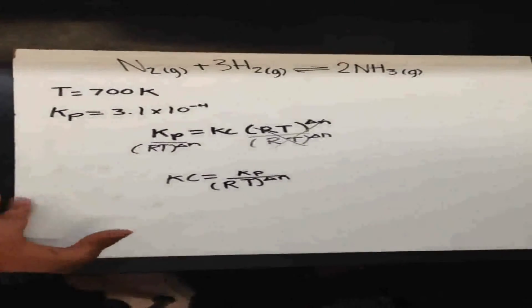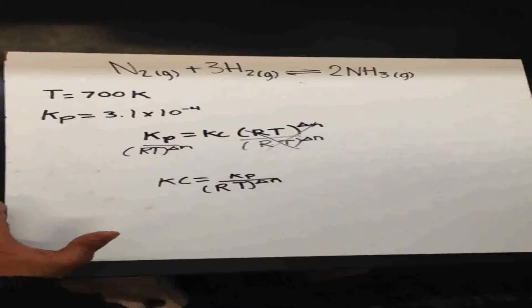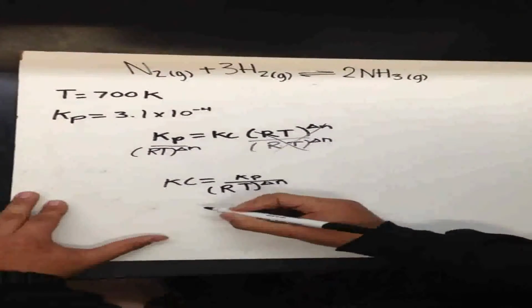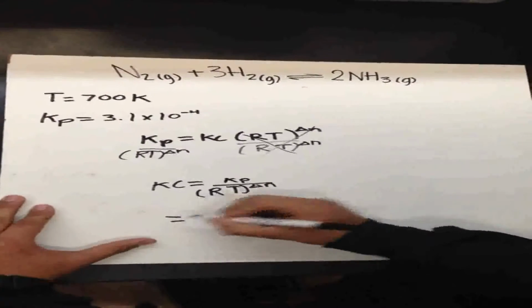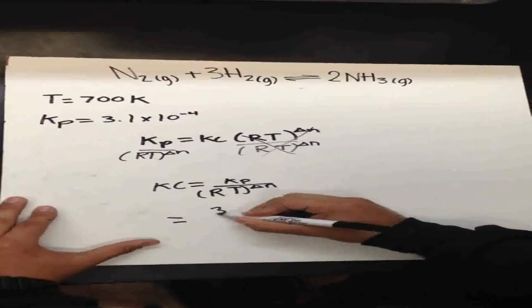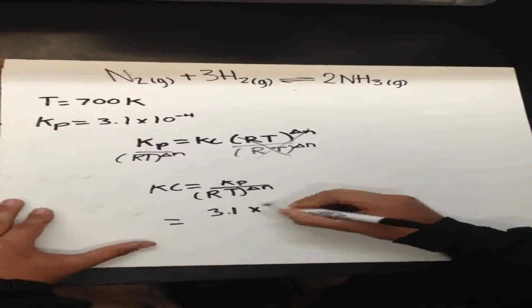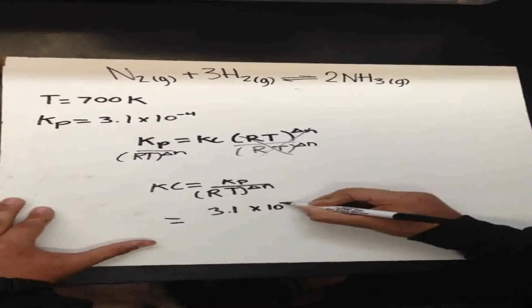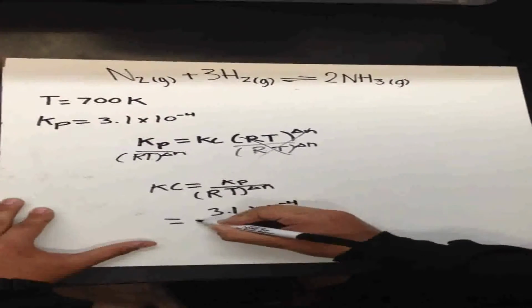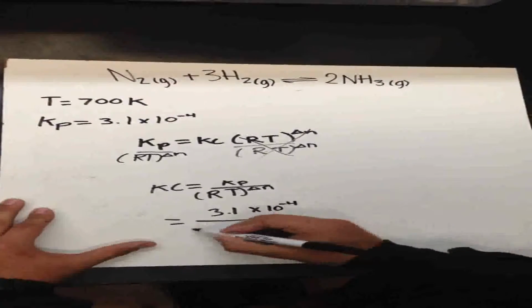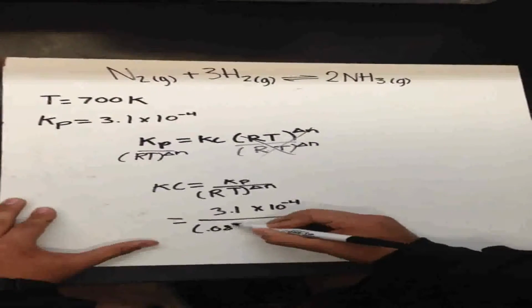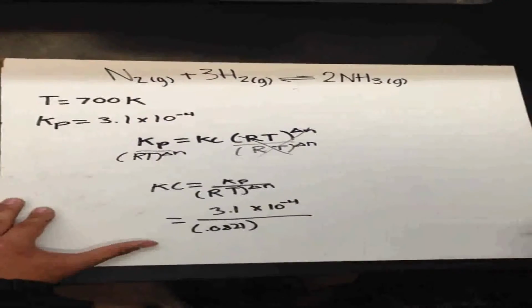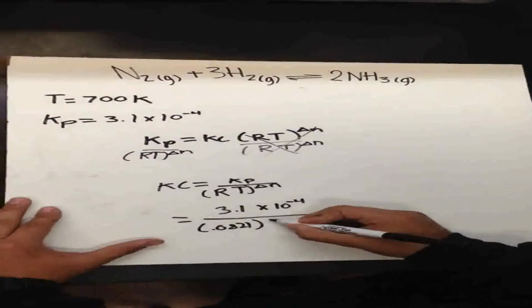Now let's plug in our numbers. So the Kp is 3.1 times 10 to the negative fourth. And it's over R, which is always going to be 0.0821 and is given to you on your yellow or blue sheet.